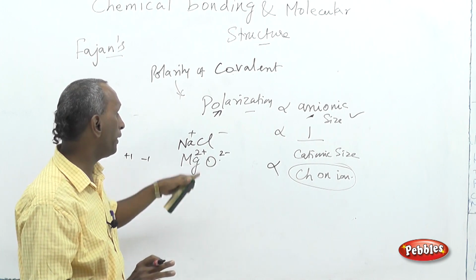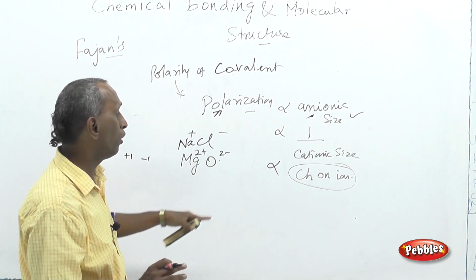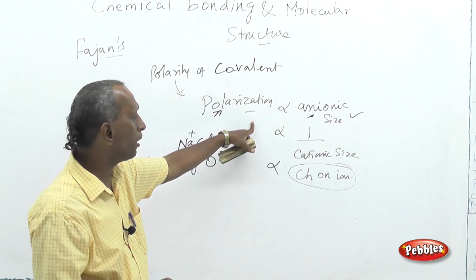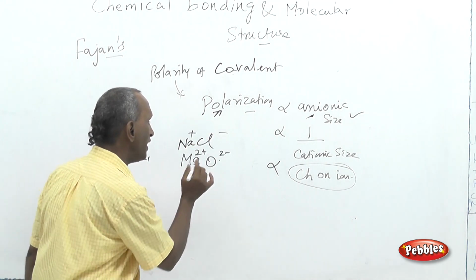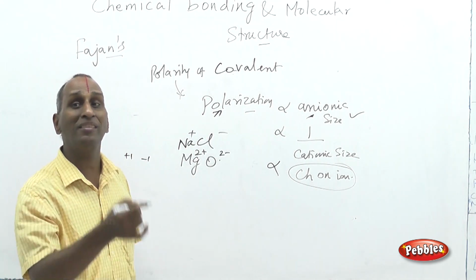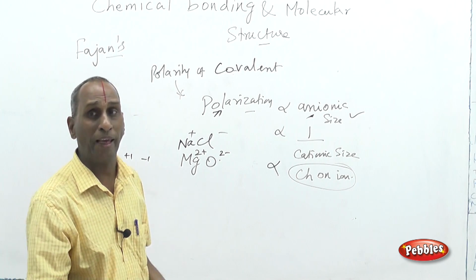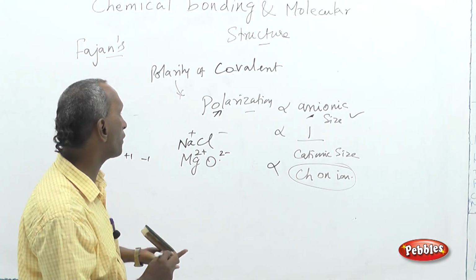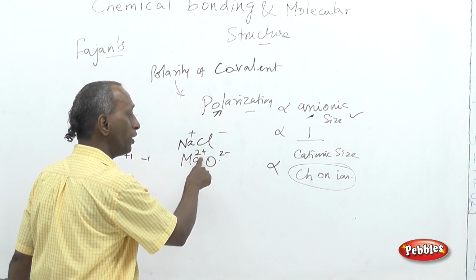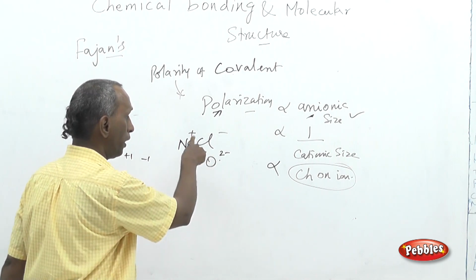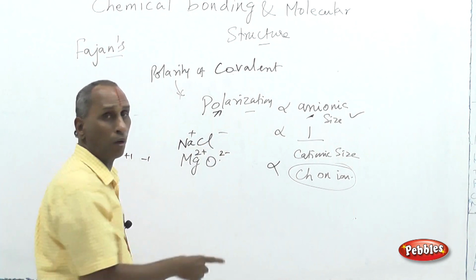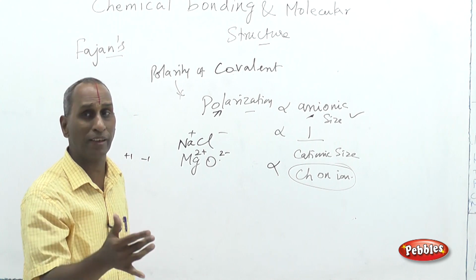More polarization means magnesium oxide is more covalent than sodium chloride. Why? In magnesium oxide the charges are magnesium 2+ and oxygen 2-, whereas in sodium chloride it is only 1+ and 1-, one electron transfer.